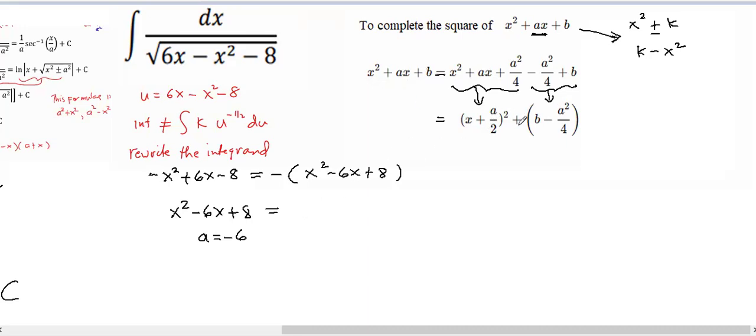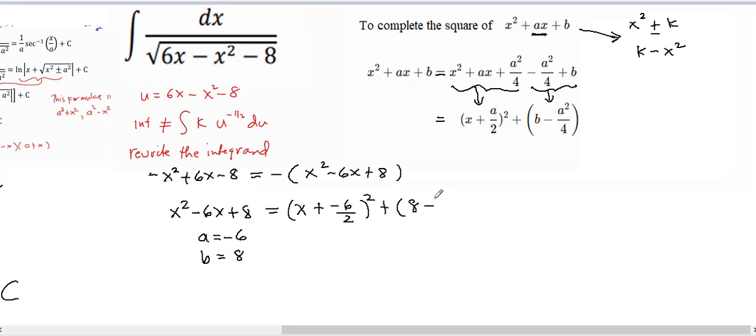So, this is x plus, ano yung a natin? Negative 6 over 2 quantity square. And then plus, ano yung b natin? Ang b natin, you include the sign, 8. So, plus, b is 8.